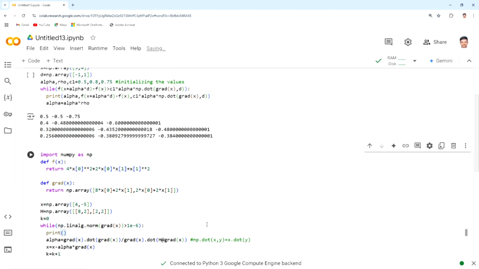We will print with some format specifications, so that we understand what is going on. So, this is k, and here I want to print x of 0, x of 1, and finally I also want to print the norm.